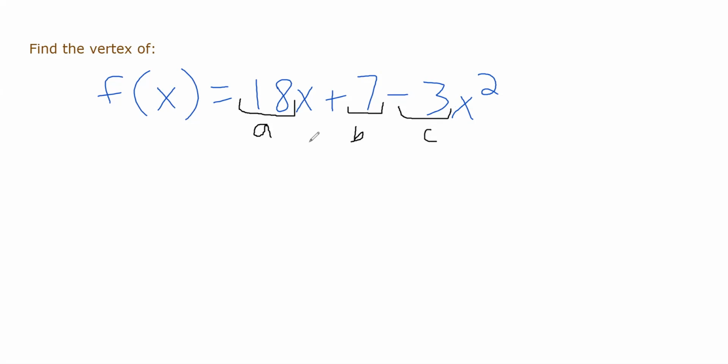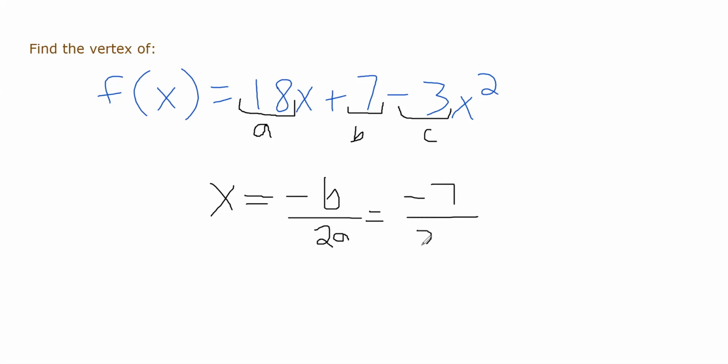Easy as a, b, c. And now I'm gonna do my x equals negative b over 2a. So like b is 7, so it's negative 7 over 2 times what a is, 18.